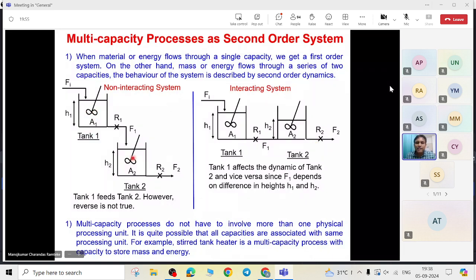Uh, the second case, one when we look at the but the stir tank.